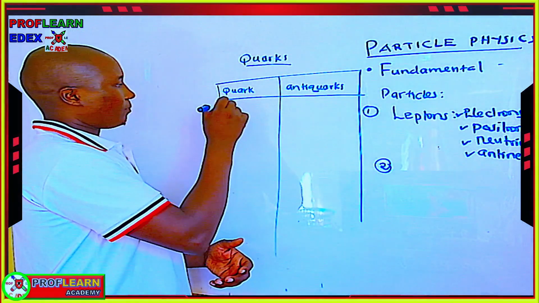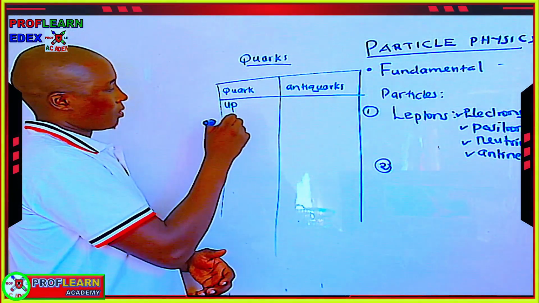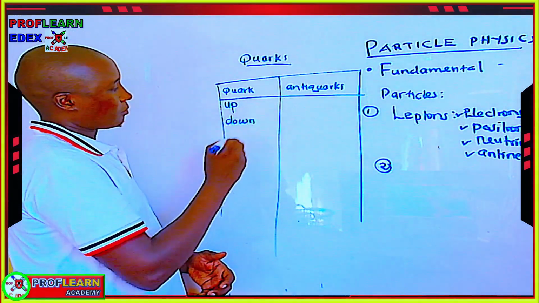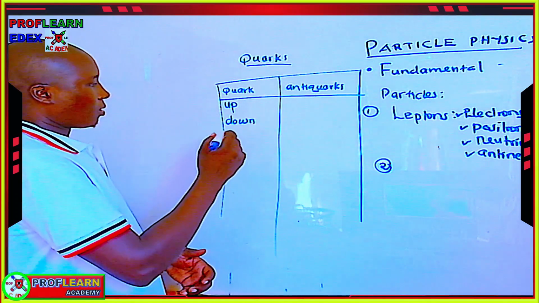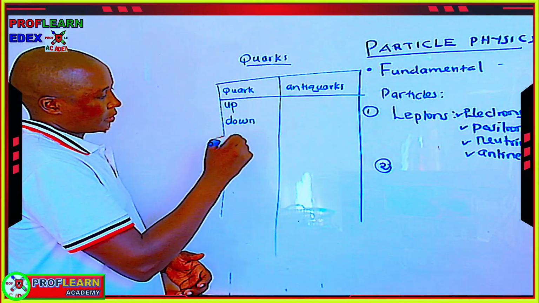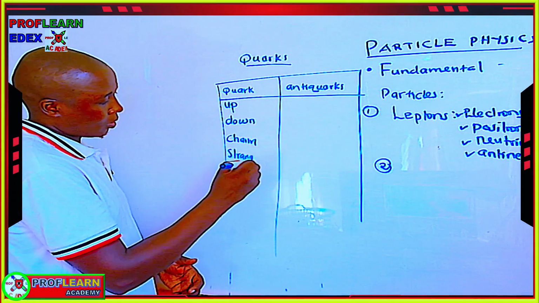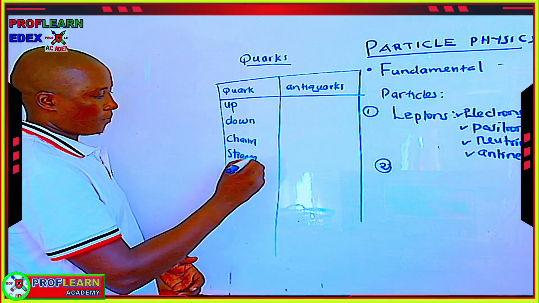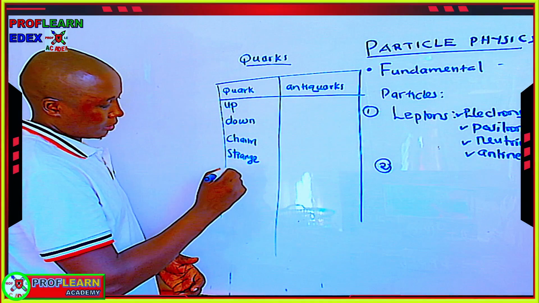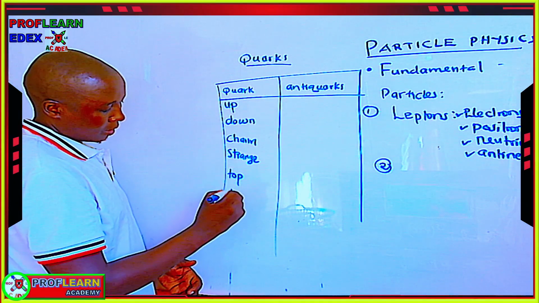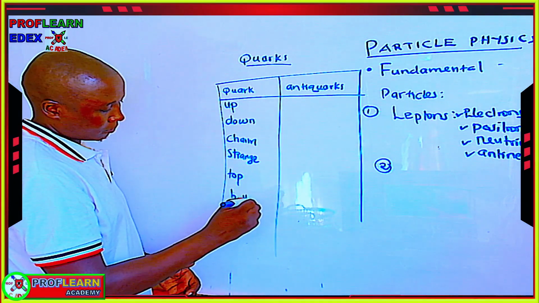We have the up quark, down quark, charm, strange quark, top, and bottom quark.